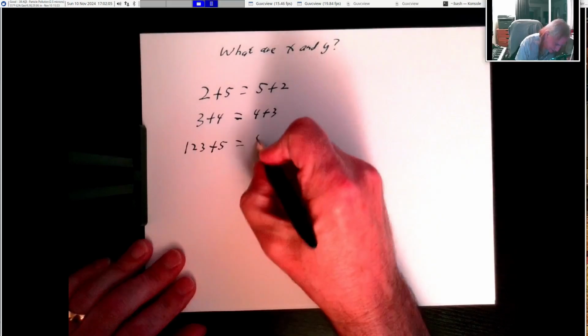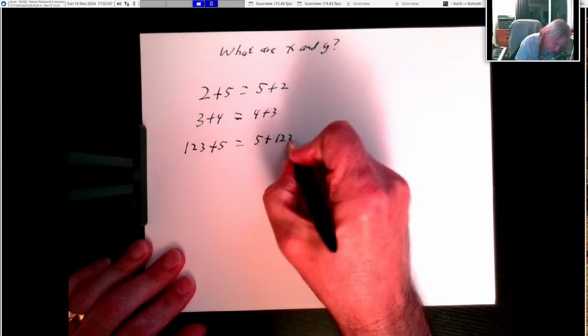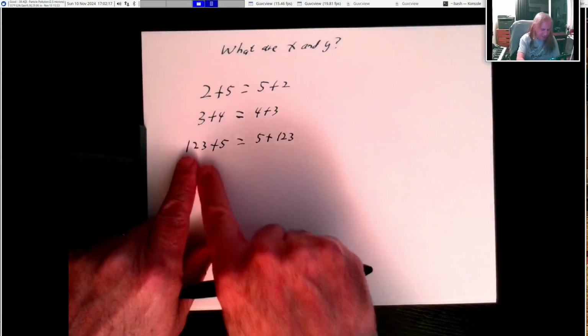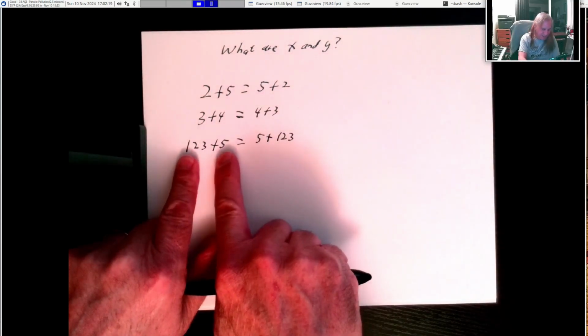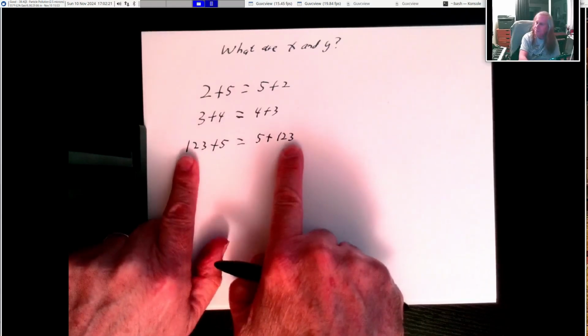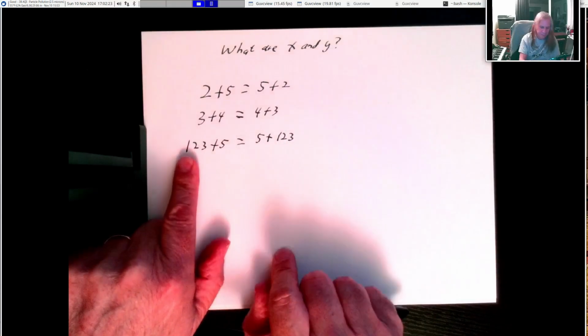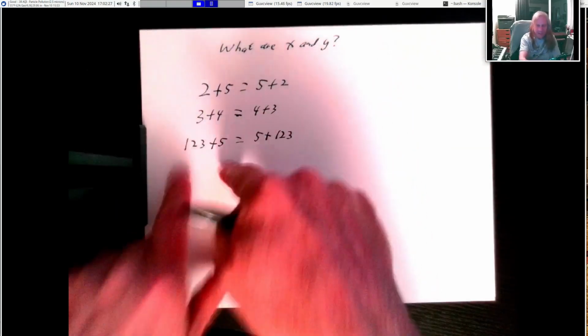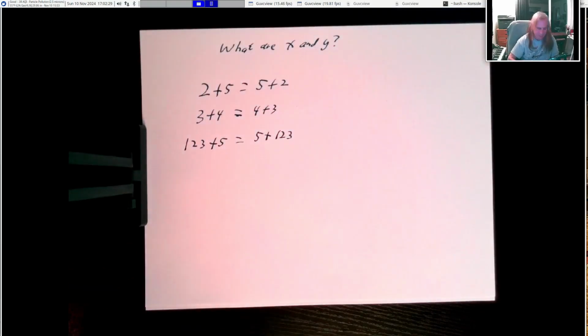Well, that's also 5 plus 123. So from those 3 examples, it sure looks like we have some sort of general principle here. This idea that anything plus something else is the same as that something else plus anything. In other words, we can swap the order of these things that we're adding and we get the same sum.